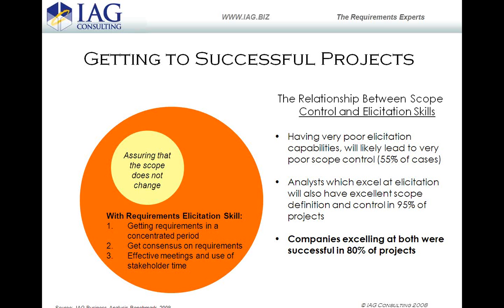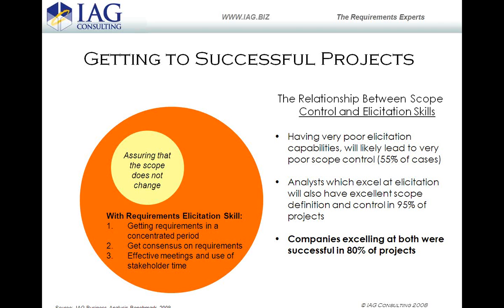So it doesn't matter how good that team of project managers is, you're going to have scope control issues. The analysts who excel at elicitation had excellent scope control in 95% of projects. That's staggering. Look at the differences, right?